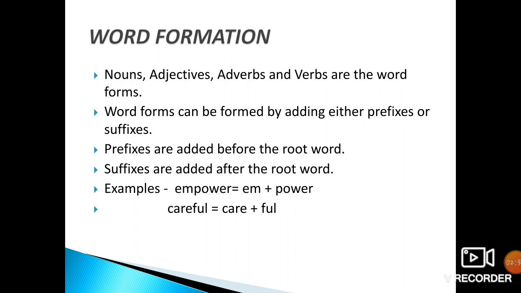Care is the root word and ful, full, is the suffix that is added after the root word care. So it becomes careful. Empower, according to word form, is a verb and careful is an adjective. Okay, let's see the next slide.